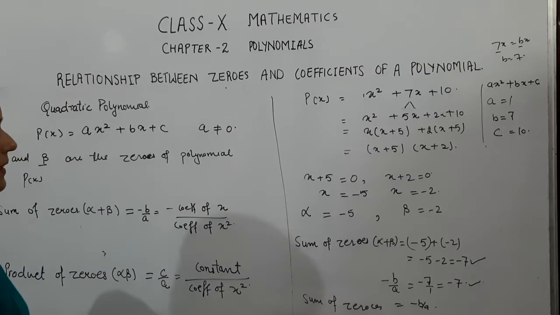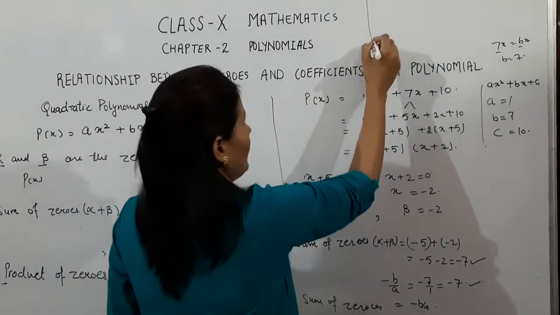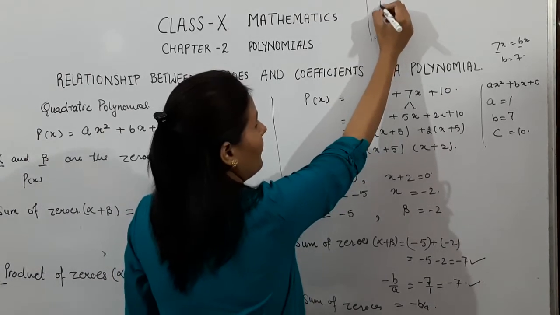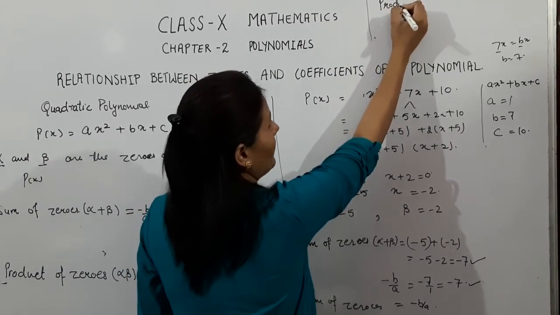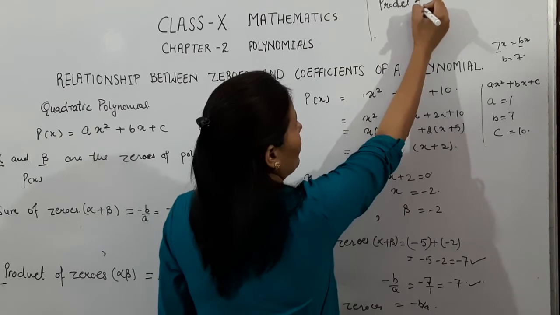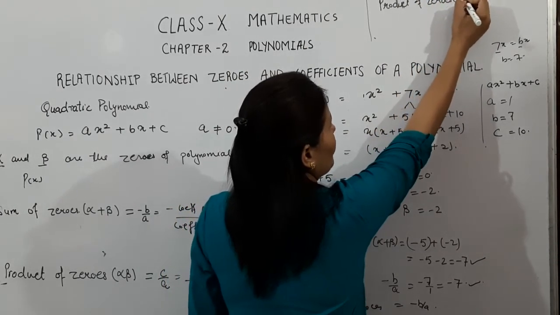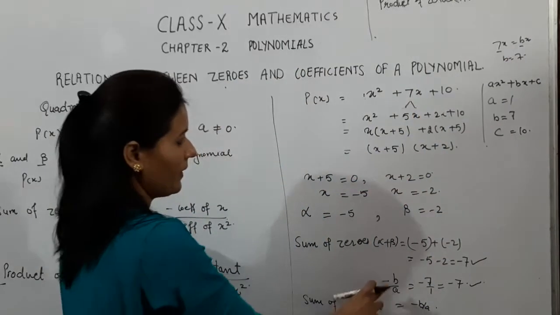Another relation, we will write upwards. Check the product of zeros. The product of zeros is alpha into beta. What is it equal to?